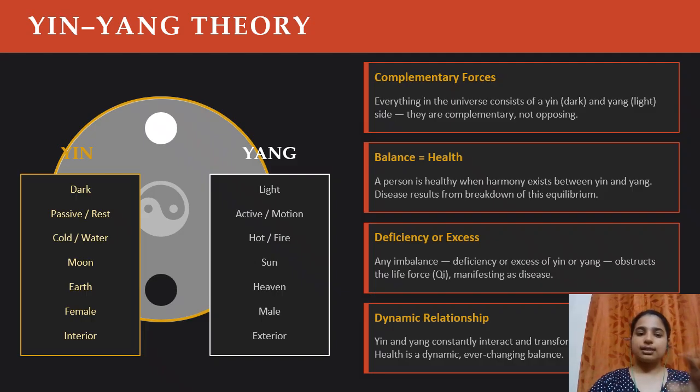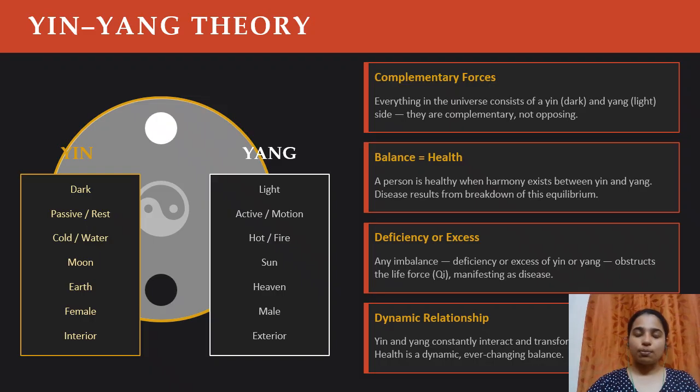So once again, I'll just explain. Yin and yang are complementary energies inside the human body. As a philosophy, it's not that literally it is inside the human body. In traditional Chinese medicine, we say each human body is composed of yin and yang.